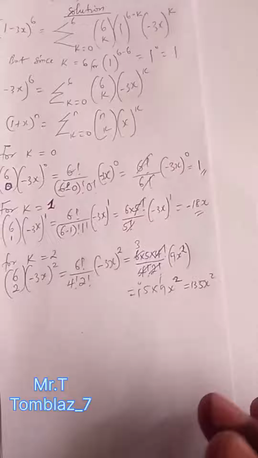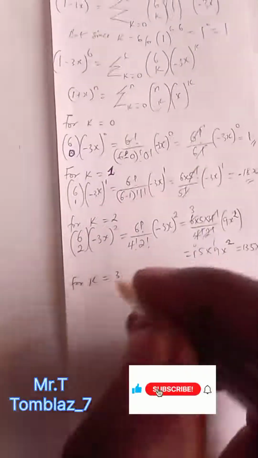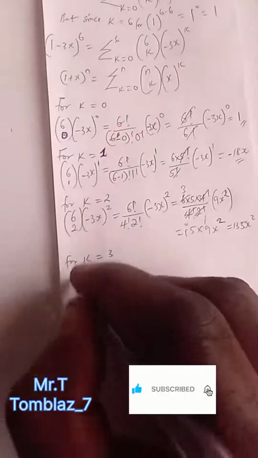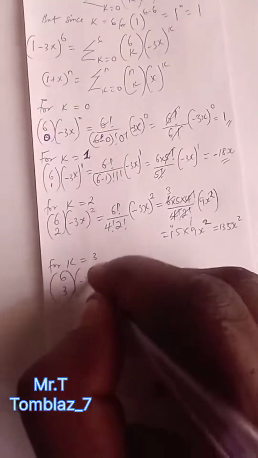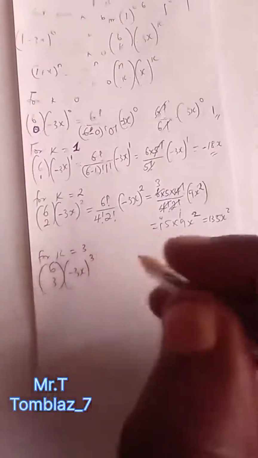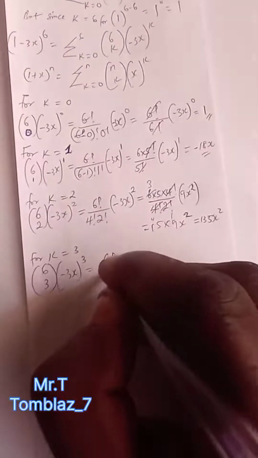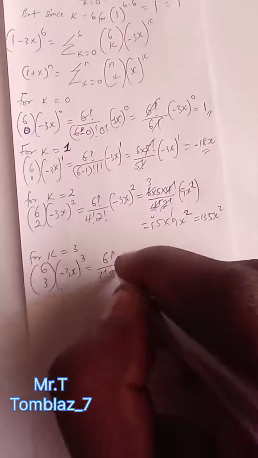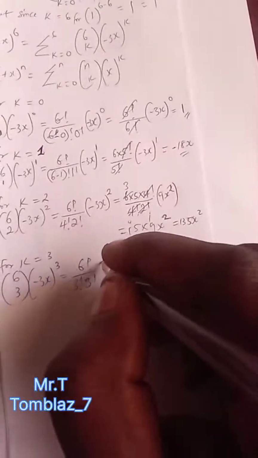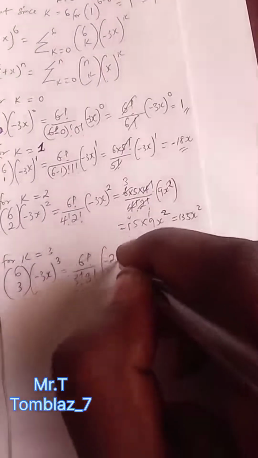Then for k equals 3, 6 combination 3, into (minus 3x) to the power of 3, is equal to 6 factorial over 3 factorial times 3 factorial, into minus 27x to the power of 3.